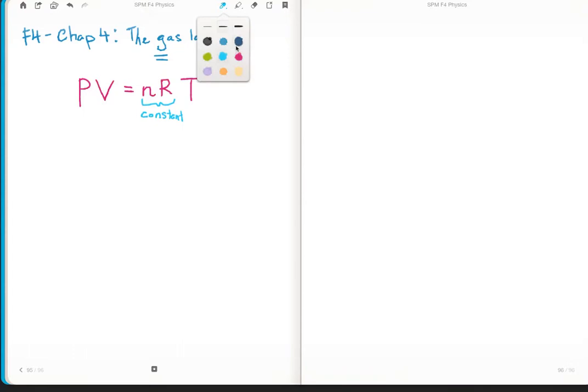All you need to know would be P, which means pressure. In BM by now, I think you call it tekanan. I think you have covered this in my Chapter 3, pressure, force over area.